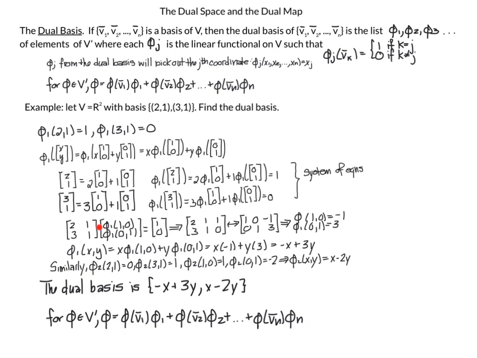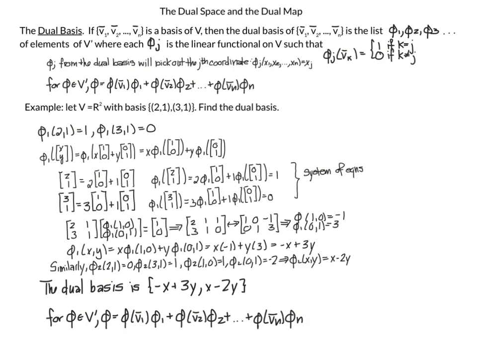I shrunk this down to give me more space, but the last thing we concluded was the dual bases for this space is equal to minus x plus 3y, x minus 2y, which means any functional in the dual space, again, V in this case is equal to R2, so any functional, anything that converts vectors from R2 to a real number, can be written as a linear combination of these two basis vectors. This is phi 1, this is our basis vector phi 2.